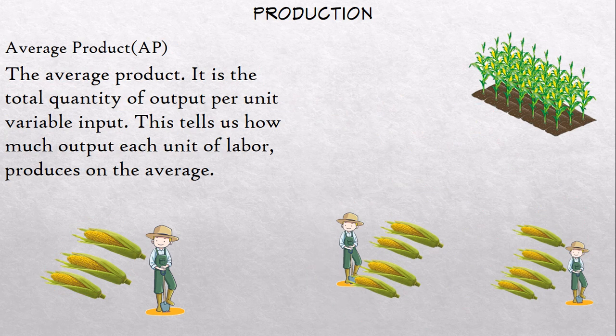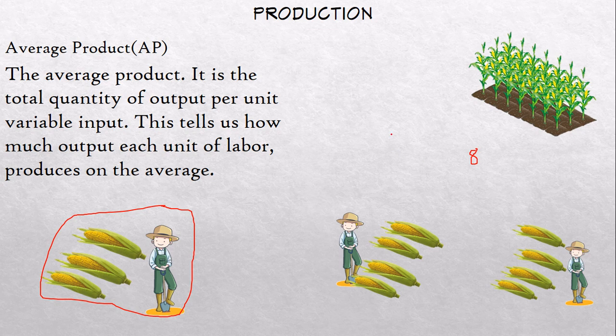Now, the average product. With the example that we have seen before, when I had just one farmer, I was able to produce 3 maize. But when I had 2 farmers, I was able to produce 8 maize.